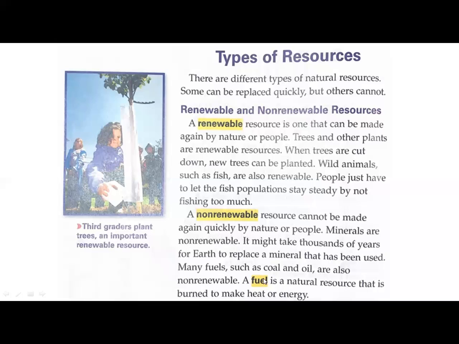Now, what is a fuel? A fuel is a natural resource that is burned to make heat or energy. And we're going to look at these resources in depth in the upcoming slides. Great. So remember, renewable resources are trees, plants, animals, and non-renewable are minerals and fuels. Once you exhaust them, it takes thousands of years for the earth to build them back again.